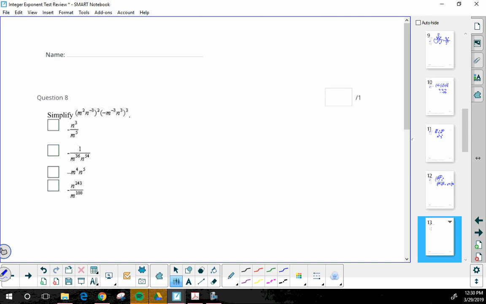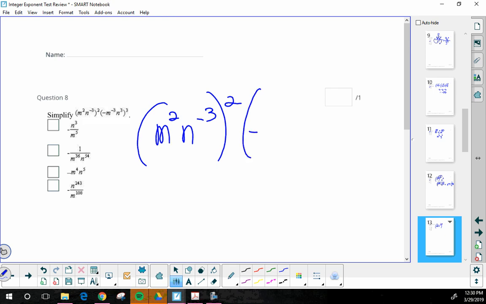Okay, question number 8 is m squared n to the negative 3 power, all that to the second power, then negative m negative 3 n to the third, and all that to the third power. So all these are powers to powers.